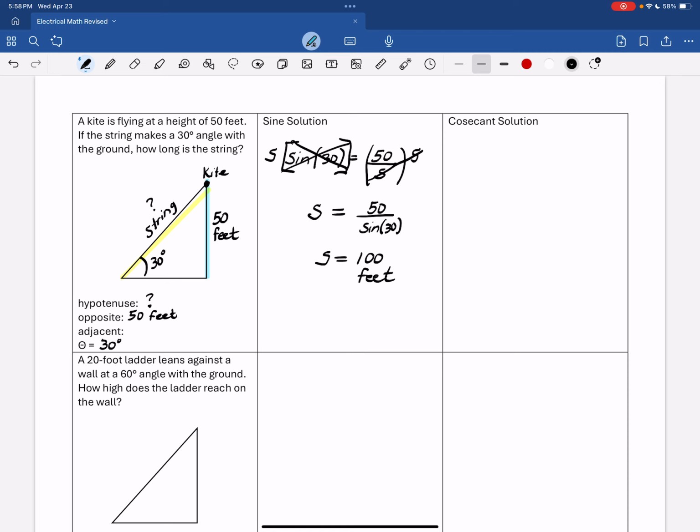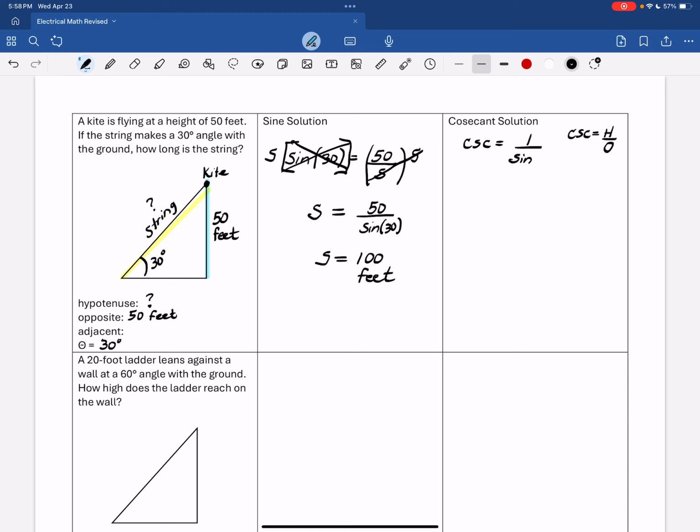Now, if you want to do this with the cosecant ratio, remember that cosecant is the same as the reciprocal of sine. Cosecant is also defined as the reciprocal of sine in that it is hypotenuse over opposite.